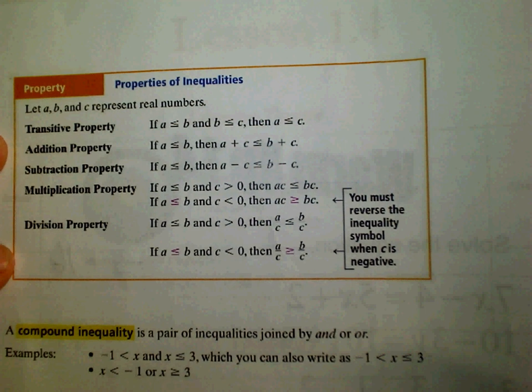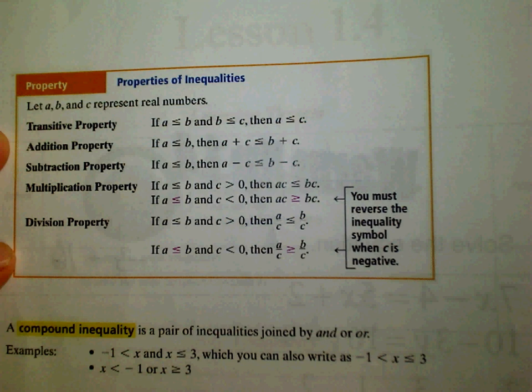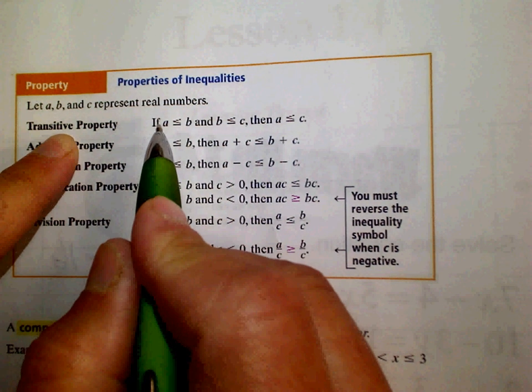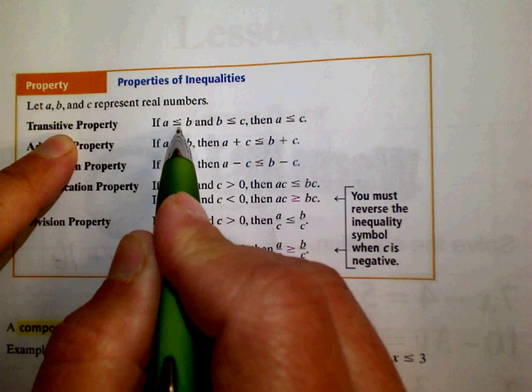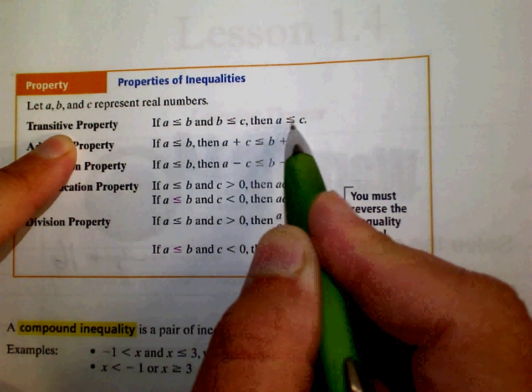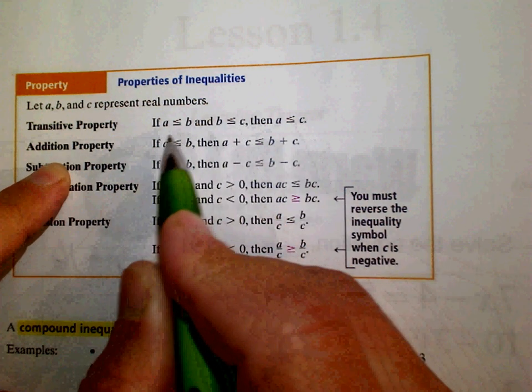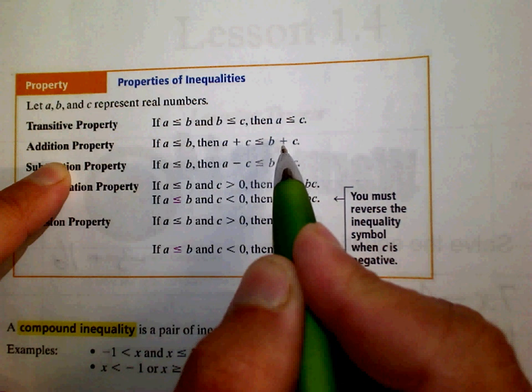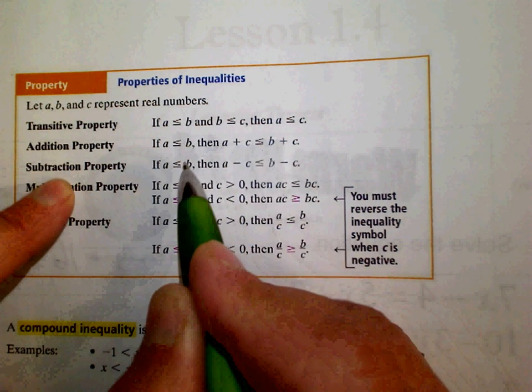Flip over to the properties. When you look at these properties, they continue to help. This was true in equations, and it's true in inequalities. If A is less than B, and B is less than C, then A must be less than C. That's transitive. There's additive: if A is less than or equal to B, you can add C to both sides and it'll still be true.